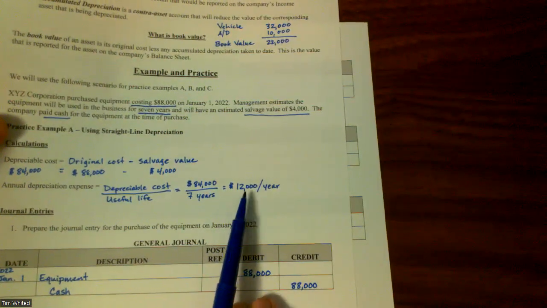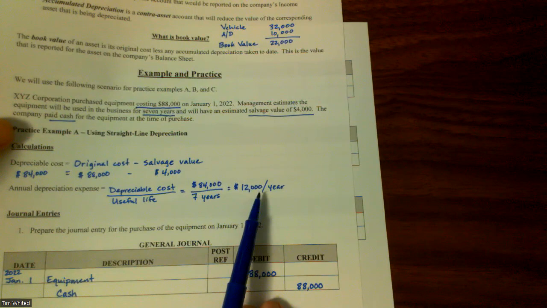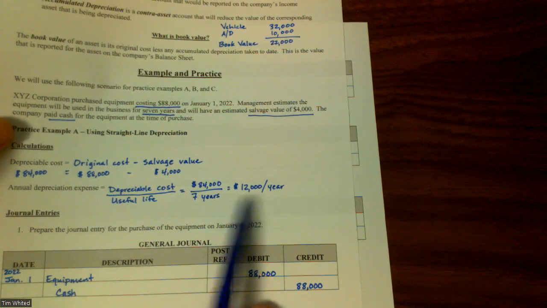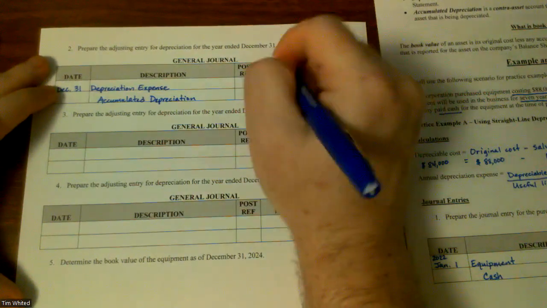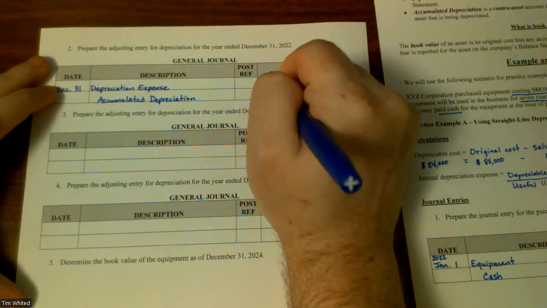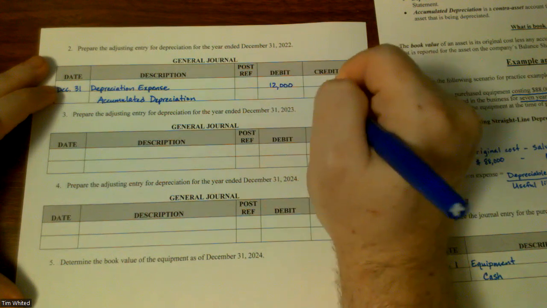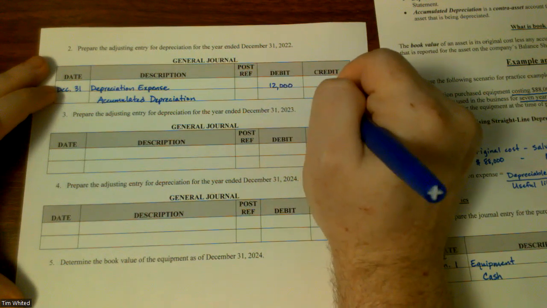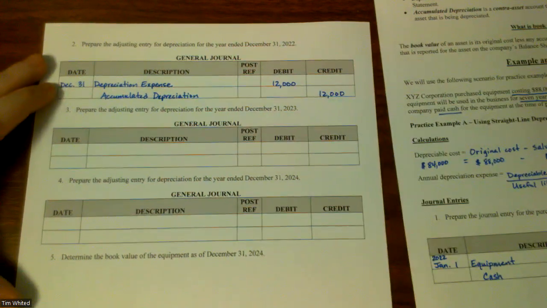And that is going to be for the amount of the annual depreciation that we calculated on the previous page, which is $12,000 a year. So depreciation expense debited for $12,000, accumulated depreciation credited for $12,000.